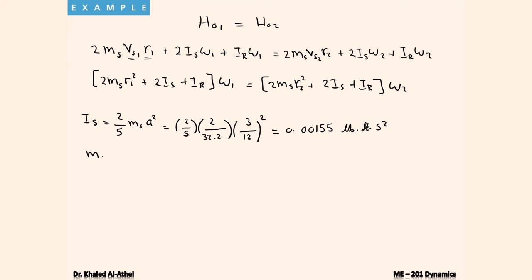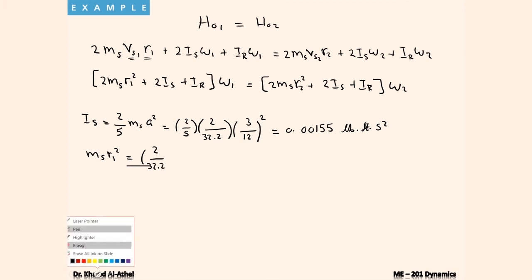Okay. Also compute any quantities that you might need. I have ms times r1 square. So this equals, again, I have the weight, so it's going to be 2 over 32.2, and this is the mass multiplied by r square. Now what is r?